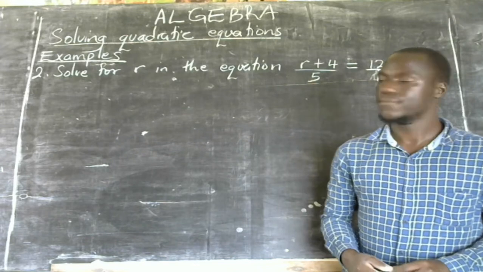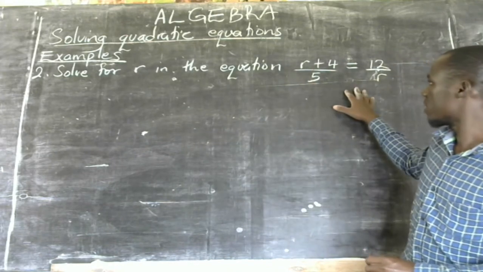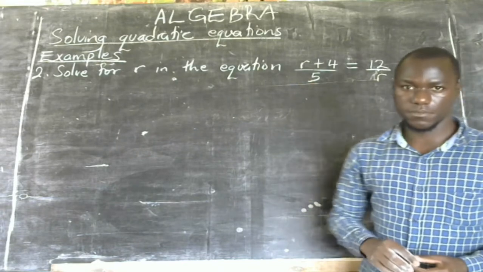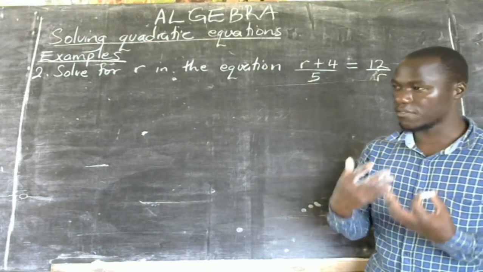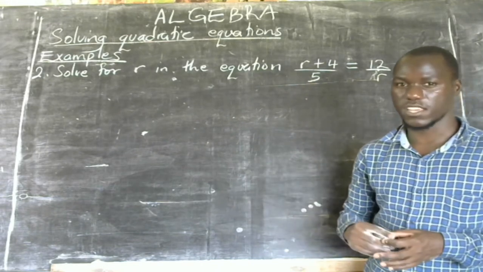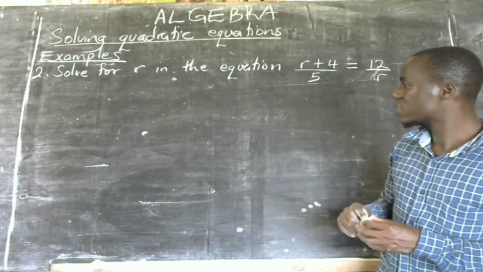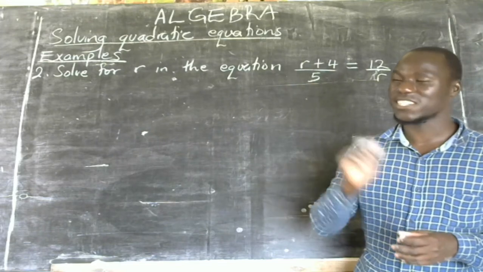Example 3, solve for r in the equation, that one there. So the quadratic equations don't come in the variable of x alone. It can be different unknowns or different letters. I know some people like so much writing x alone.